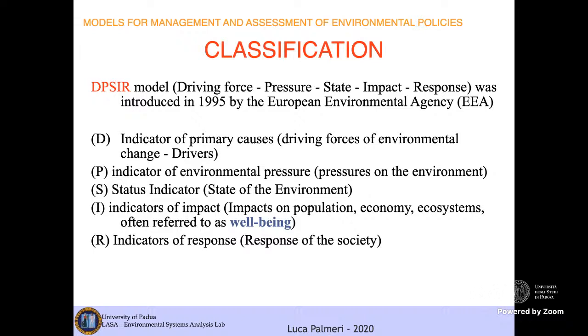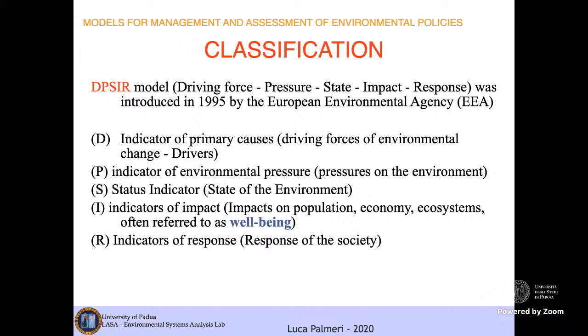So the model is made up of driving forces, pressures, states, impacts, and responses, and was first introduced in 1995 in Europe by the European Environmental Agency, in particular the think tank of the OECD. Drivers are indicators of primary causes, driving forces of environmental change.